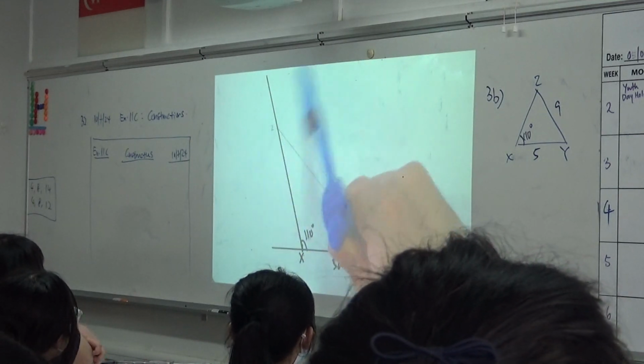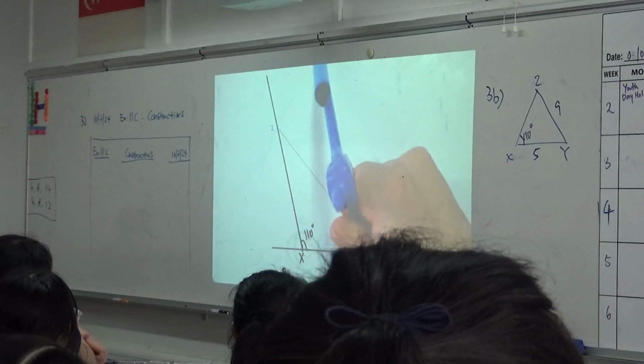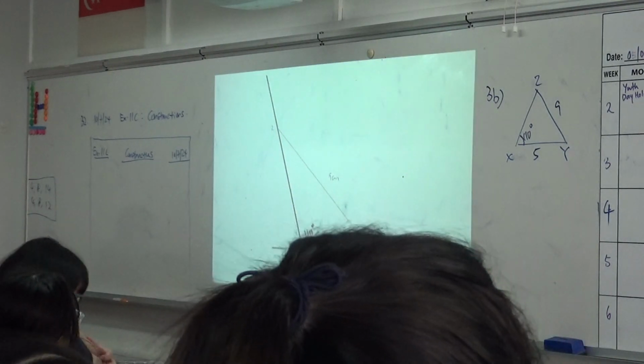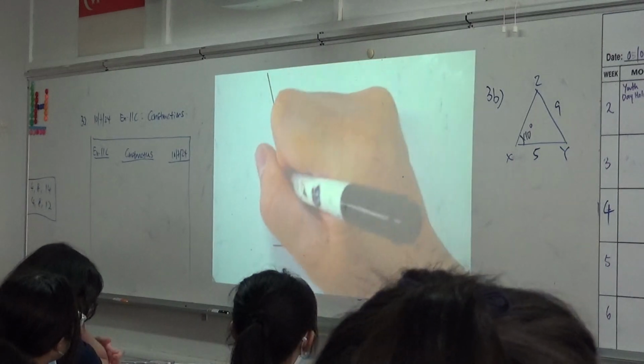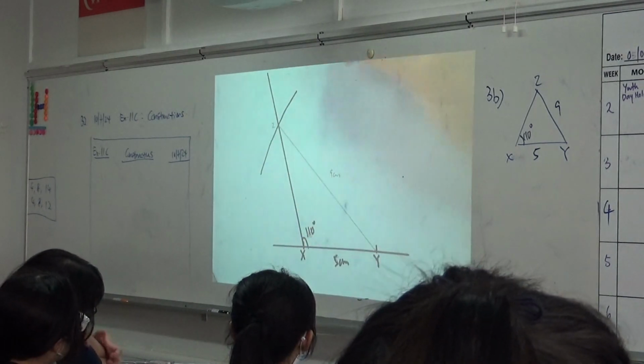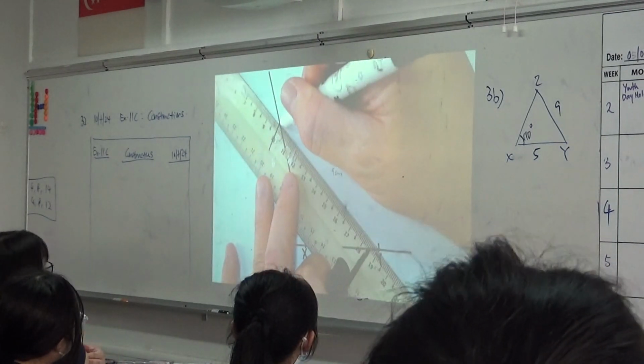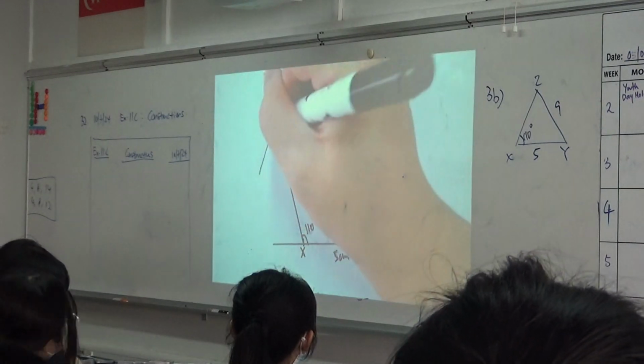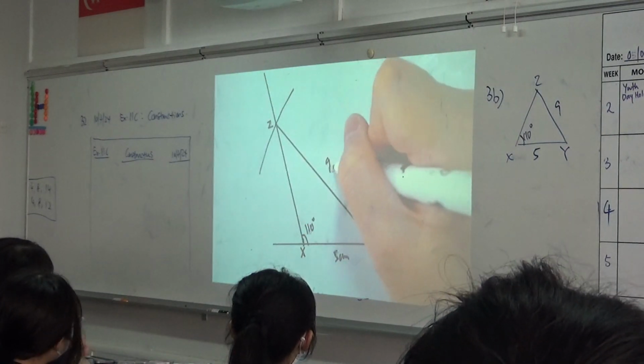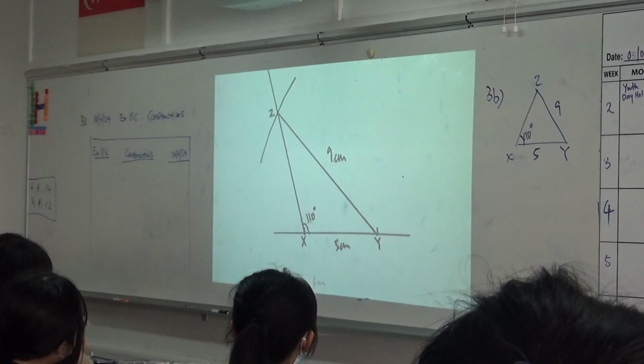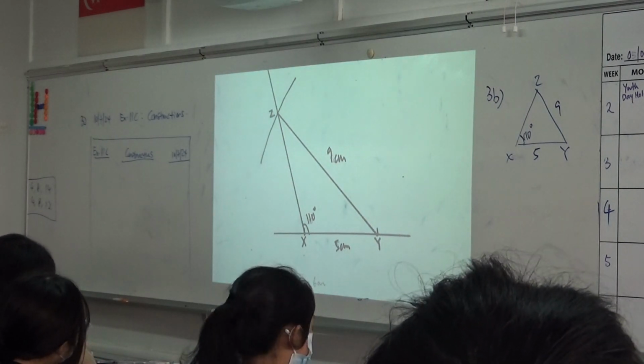Then you draw an arc here. Can you see? You use the compass and then draw an arc here. Can you see it now? Okay. Then you will join it up. This is your point Z, and this is your 9 cm. Are we clear? Now, read the question again. What else must you find?